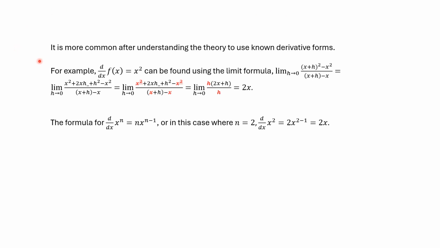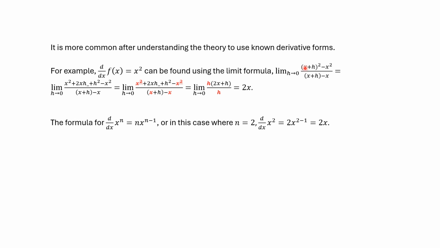It's more common, after understanding the theory, to use known derivative forms. For example, the derivative with respect to x of f of x equals x squared can be found using the limit formula. The limit as h goes to 0 of x plus h squared minus x squared over x plus h minus x.